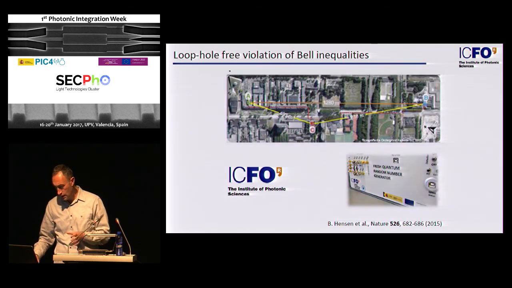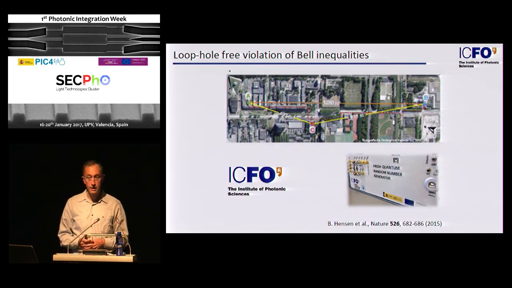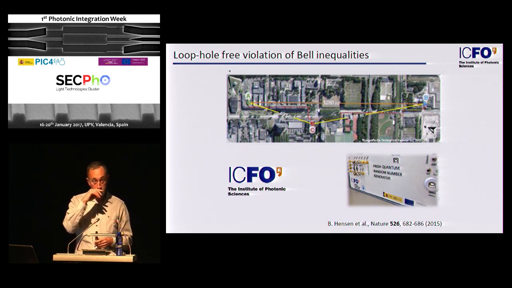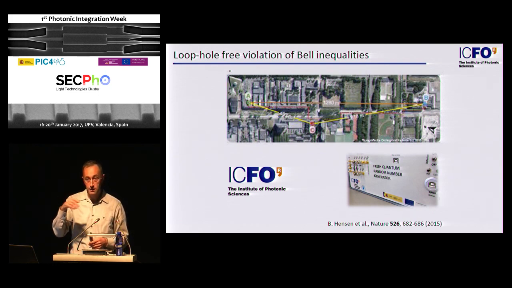So that's the beauty. These devices were made at ICFO by my group and Morgan Mitchell's group. We made those devices, and then, I don't know if you have heard, they were shipped somewhere else for some important experiments.